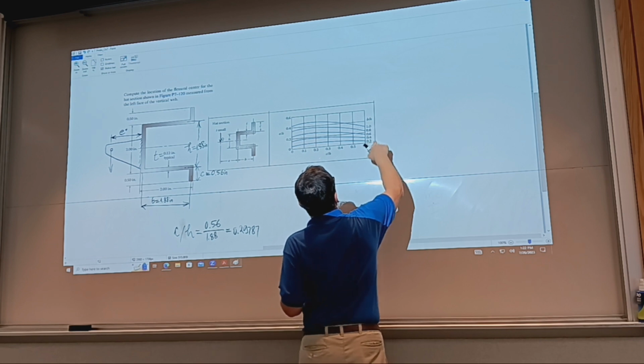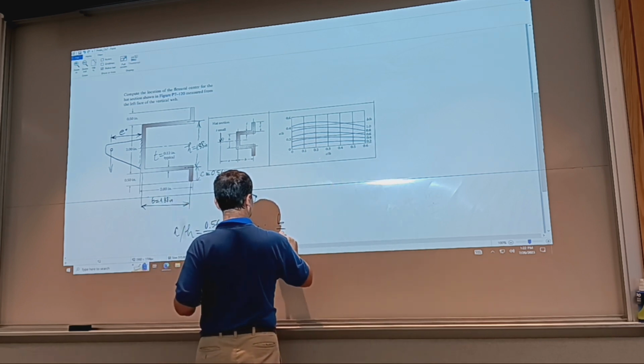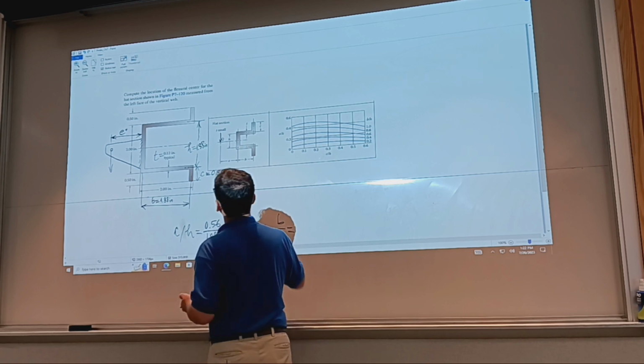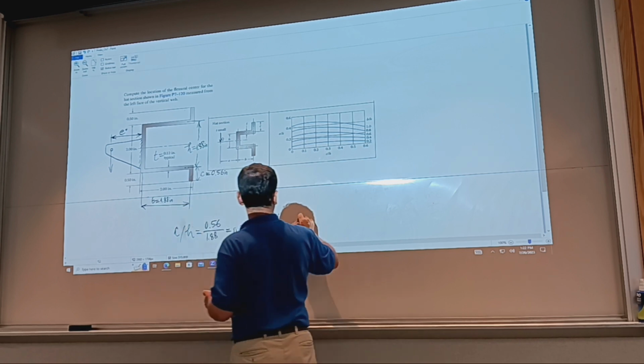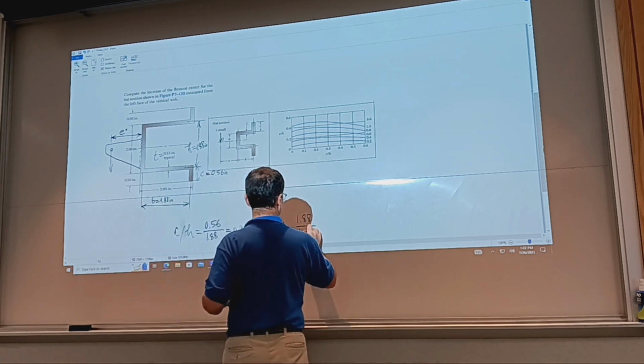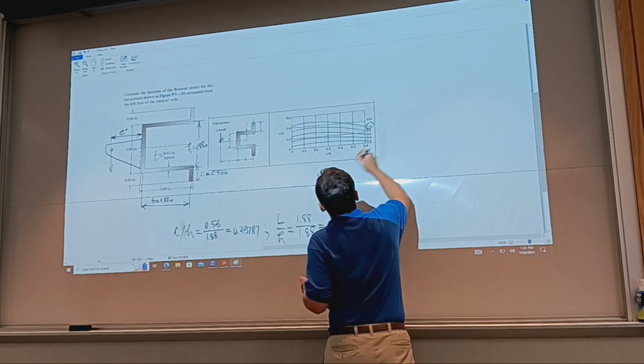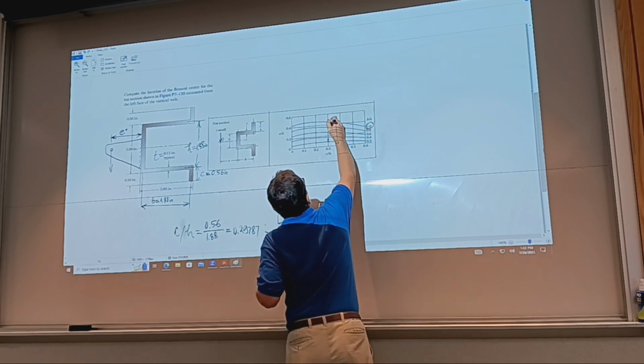And then we need to evaluate B over H. So B over H, we have B 1.88 and H is 1.88. So this is 1. So we'll be on this curve and on this line.